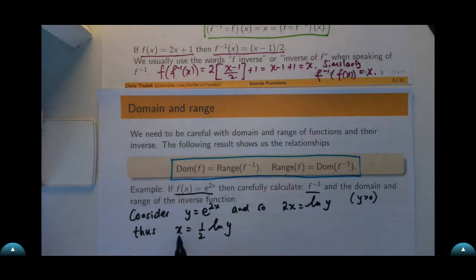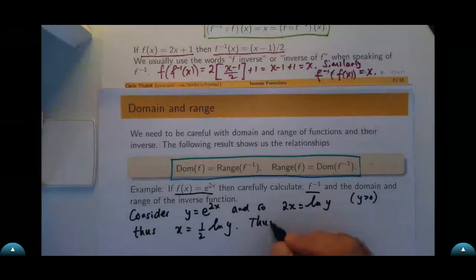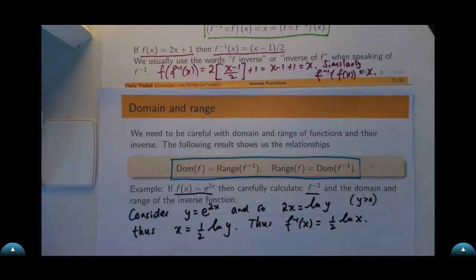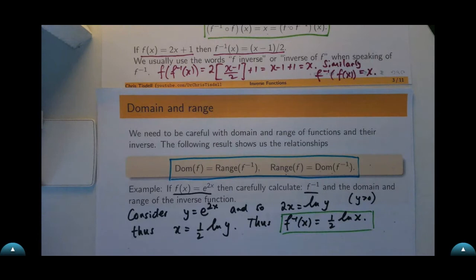Then we take that and just swap the x's and the y's. So instead of having a y here, we have x. That's just algebraic manipulation, and that'll work for simple functions. But what does this look like, and what about the domain and the range?